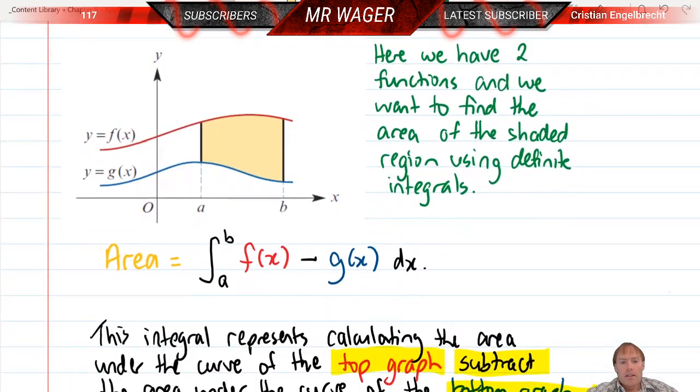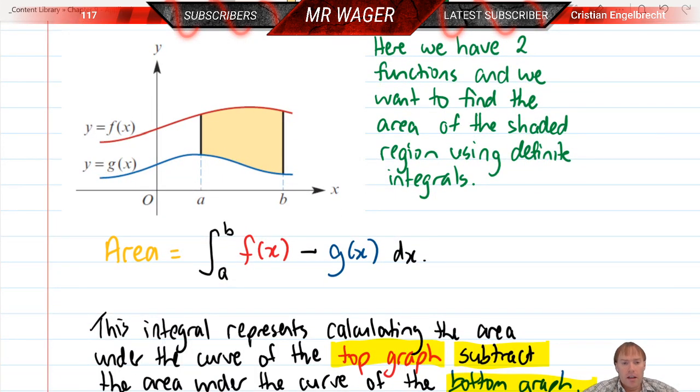So this integral in our general example represents the area of this shaded region. Essentially we do the integral of the top graph minus the bottom graph, and that gives us the region that we want, the area between the curves.